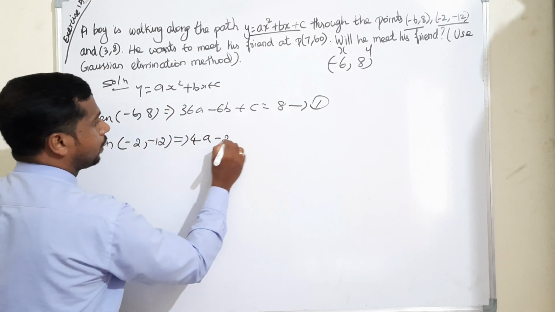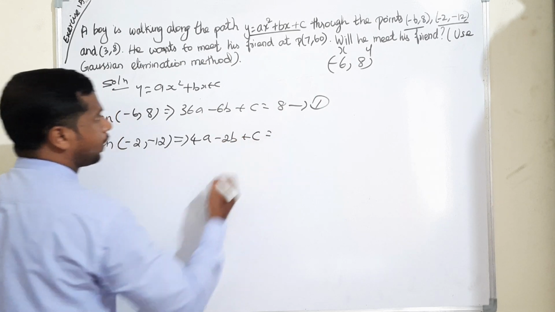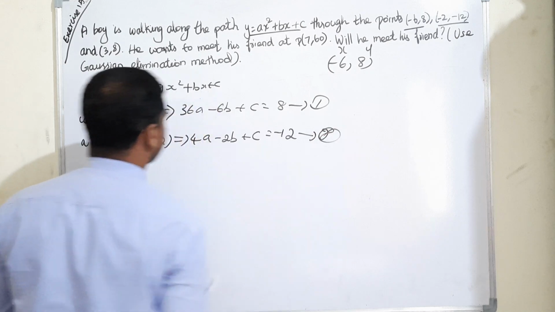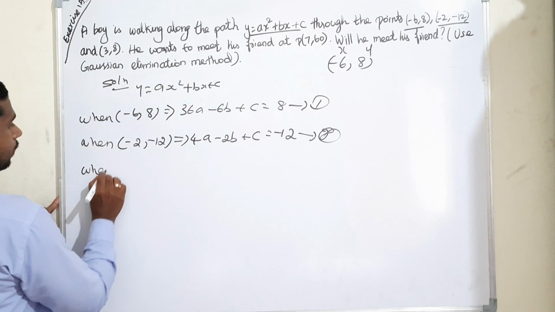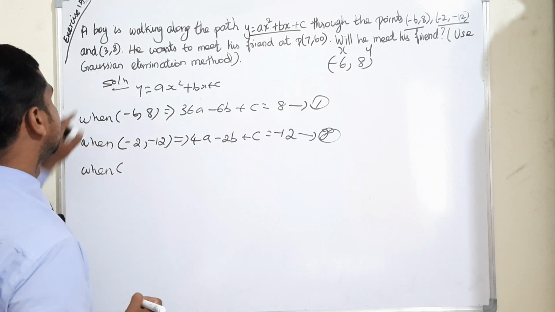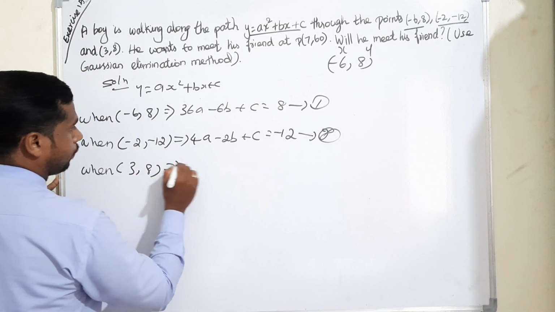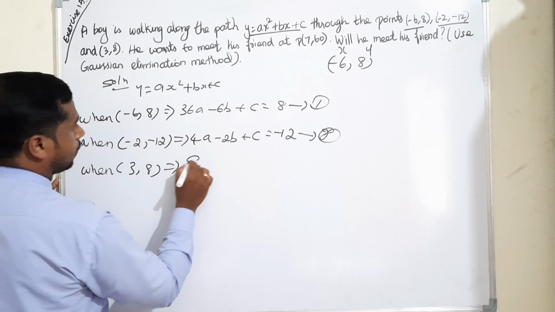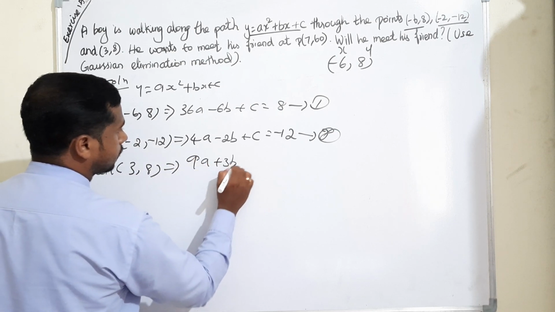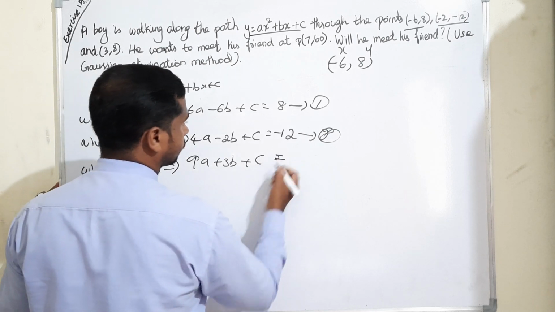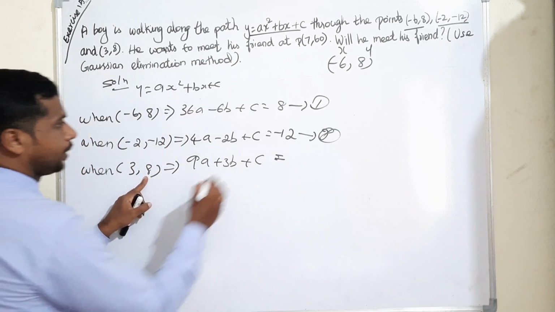So 4a minus 2b plus c is equal to minus 12. This is equation number 2. Then the third coordinate 3 comma 8: 3 square, isn't it? So 9a plus 3b plus c is equal to y is equal to 8.